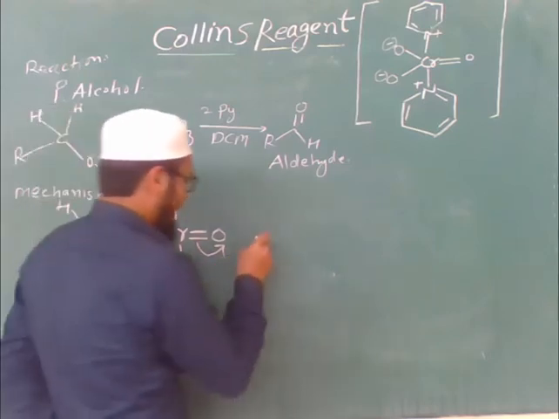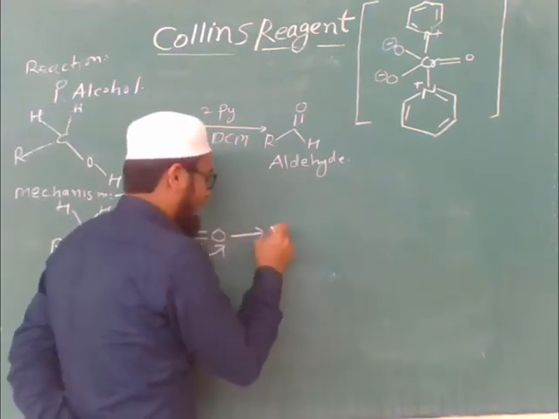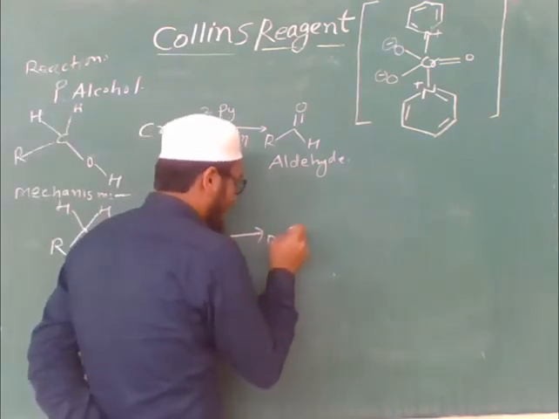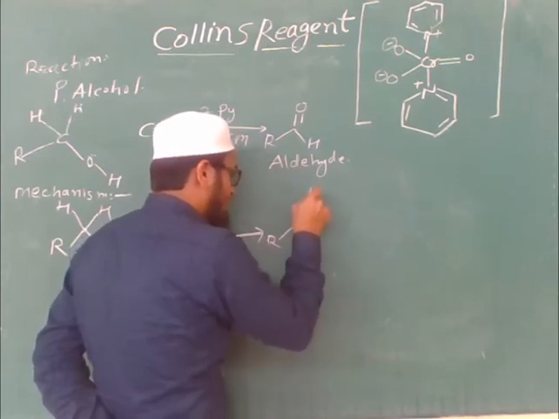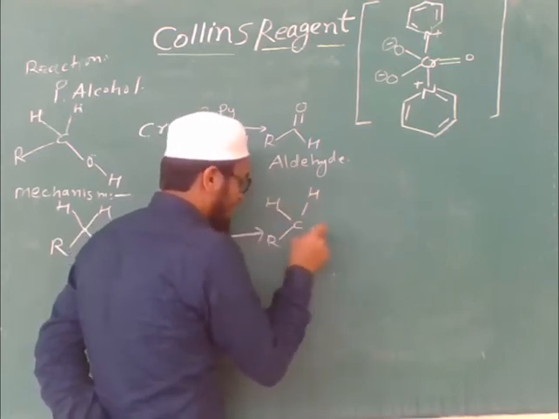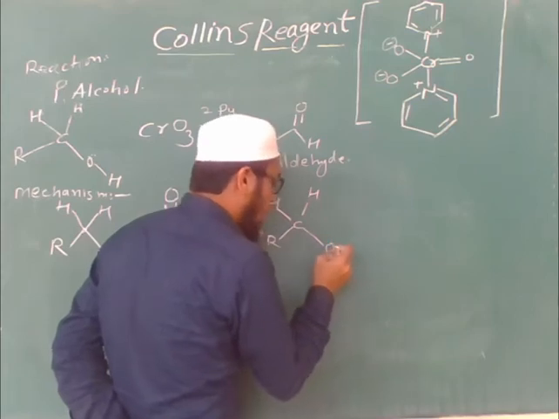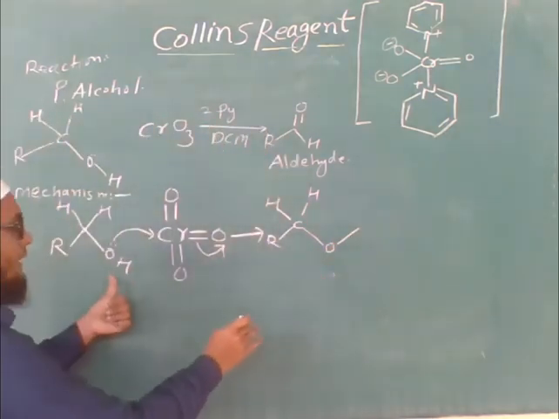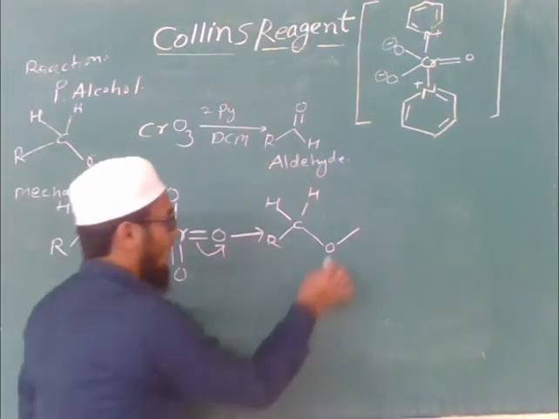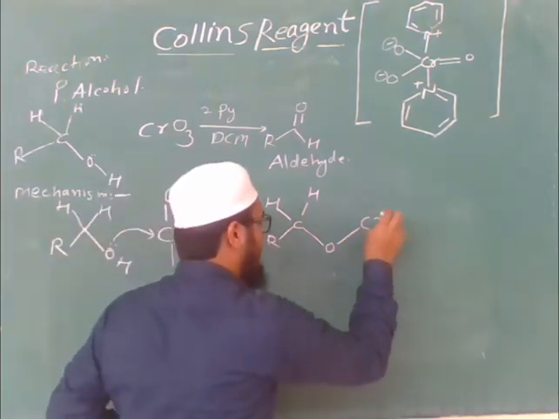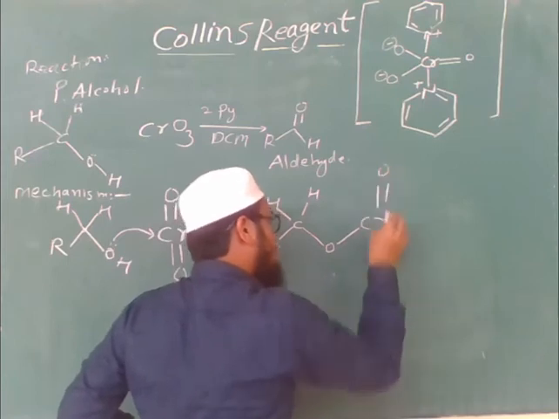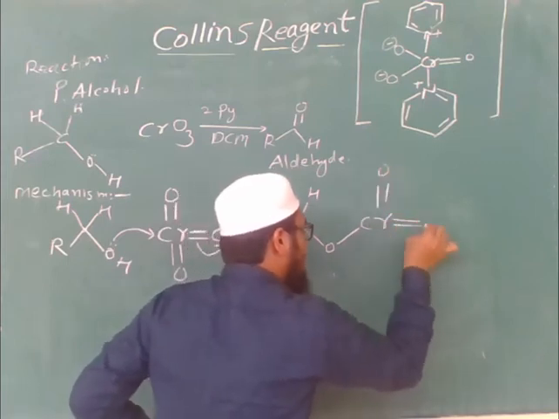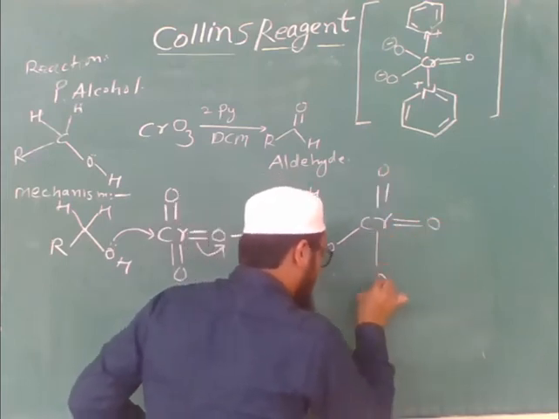and what I will get here is R, single bond C, single bond H, single bond H, single bond O, and this oxygen gets attached with the chromium. So I will write the structure of chromium: O double bond Cr, single bond, O double bond, single bond, O negative.